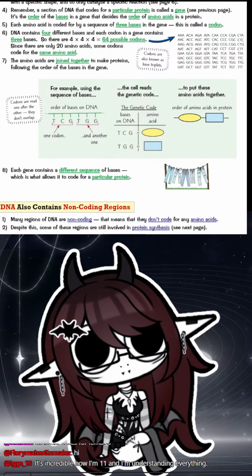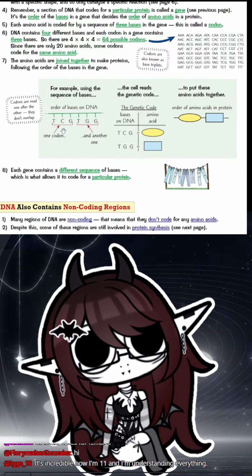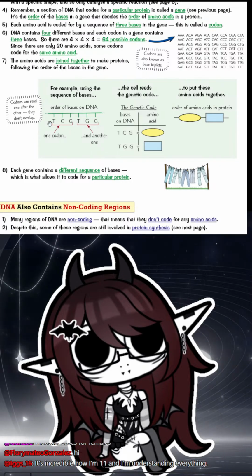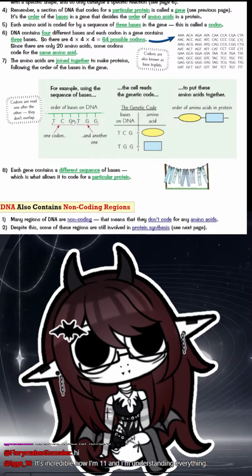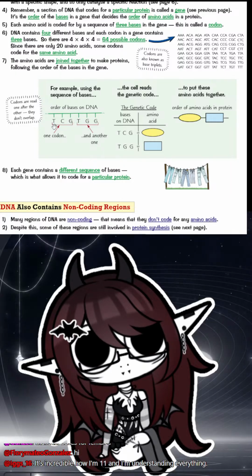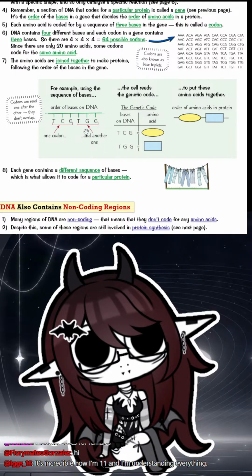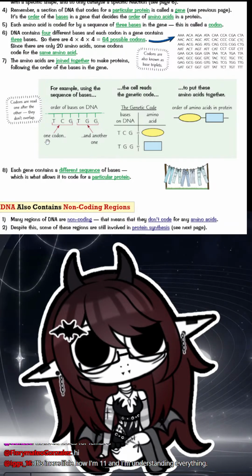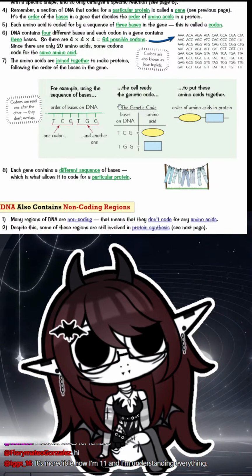Now, let's look at some examples using the sequence of bases. Each base contains 3 codons. So in this codon here, we have T, C, G. And then we have T, G, G. Each 3 of these is 1 codon.